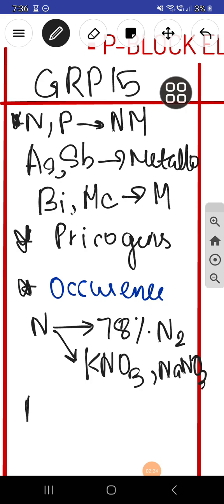Then we have phosphorus. It is mainly present in bones. Apart from it, it is present as minerals belonging to the apatite family.